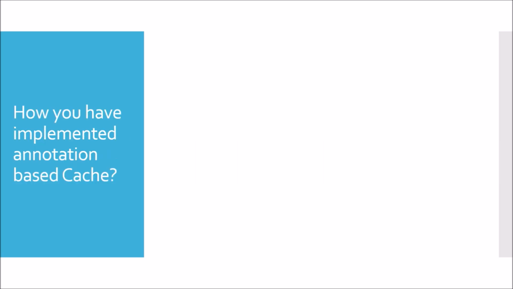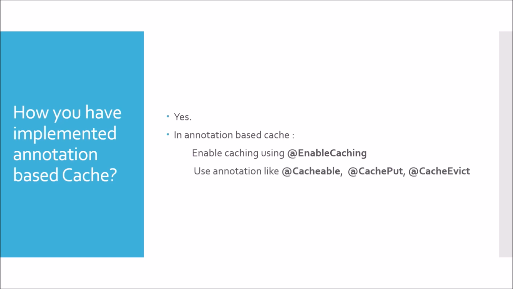How have you implemented annotation based cache? Implementation of annotation based cache is very simple. So you can say, yes, I have implemented annotation based cache. I have used EnableCaching at the Spring Boot main application class level and different annotations like Cacheable, CachePut, CacheEvict for caching.